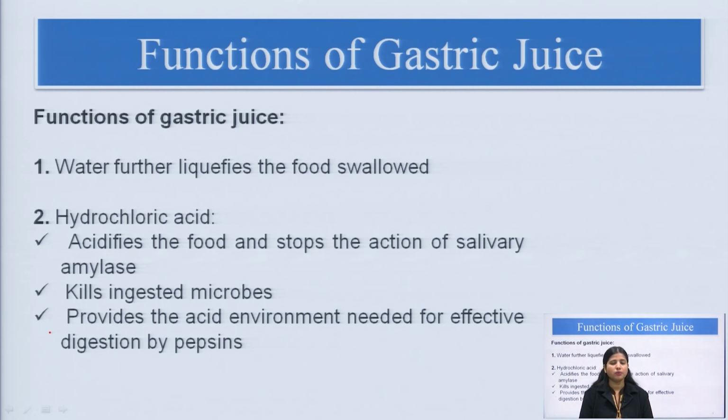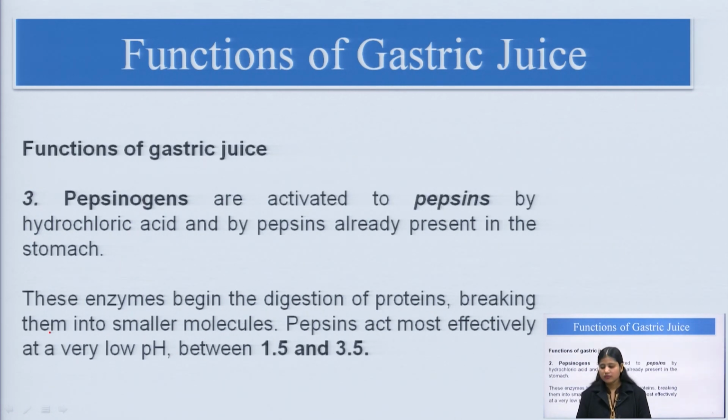I already told you how pepsin is formed in the presence of hydrochloric acid. Coming to the pepsinogen in the gastric juice, it is activated to form pepsin, which is ultimately required for the digestion of proteins.